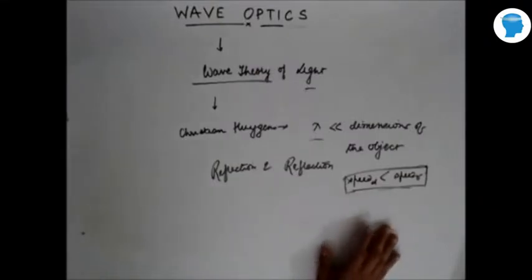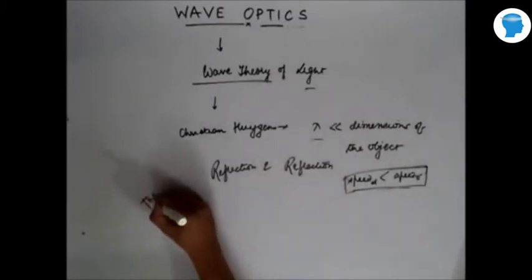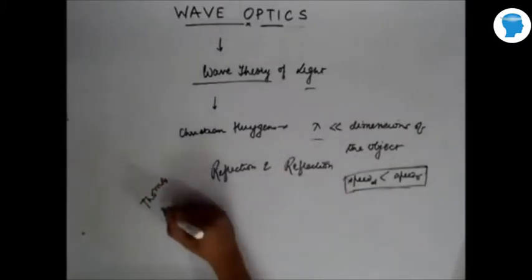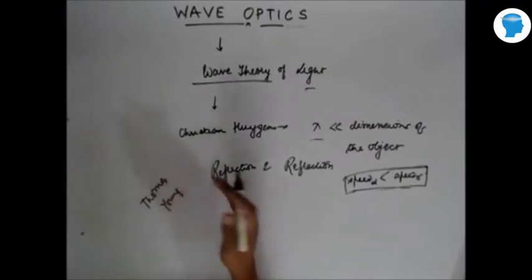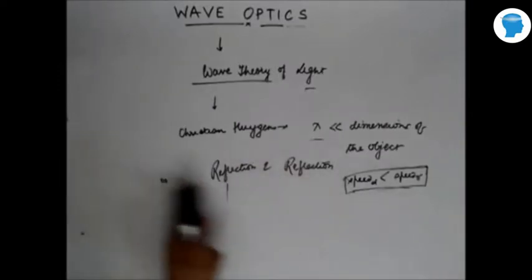Now after this, some years later, Thomas Young, you all know, performed the Young's double slit experiment, and he observed repeated, alternate patterns of dark and bright fringes, and that phenomenon couldn't be explained by the particle theory of light, so this was the time when the wave theory of light came into existence.